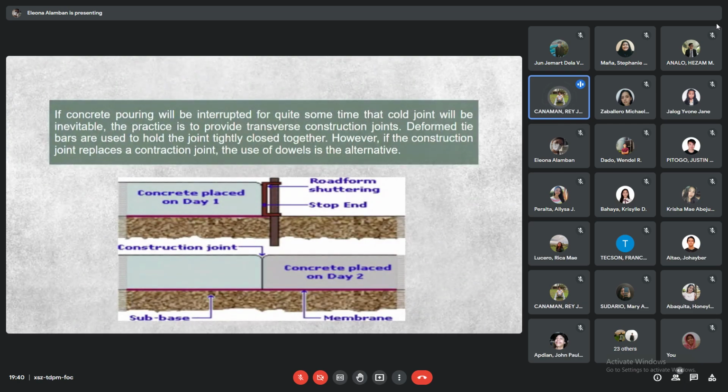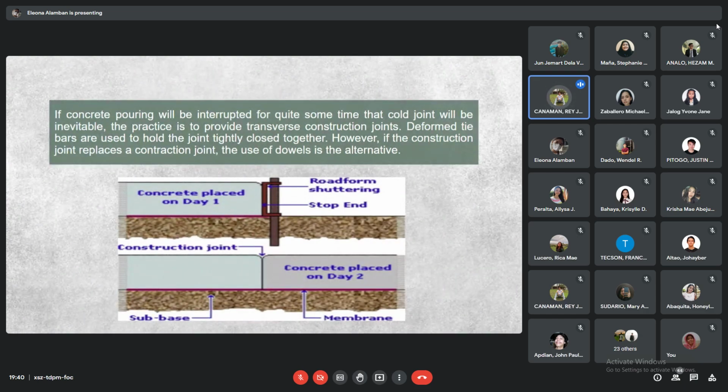Then next day butangan din na siya diha og construction joint, which is makita siya between sa new concrete nga gibuhos then sa old concrete nga gibuhos, which is makita pod siya sa drawing nga concrete placed on day 2. Then ang construction joints kay can be in between o kanang ingon na the existing and fresh concrete.